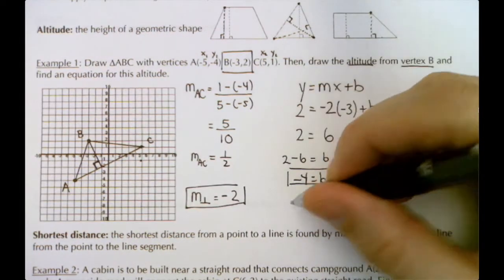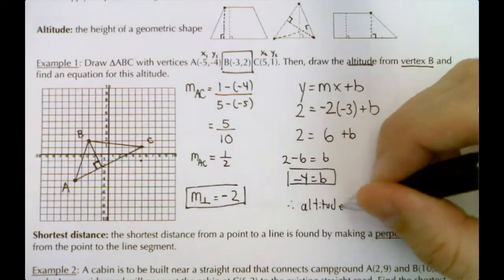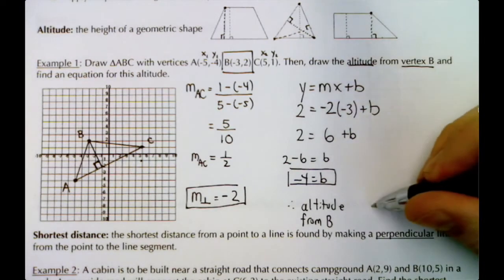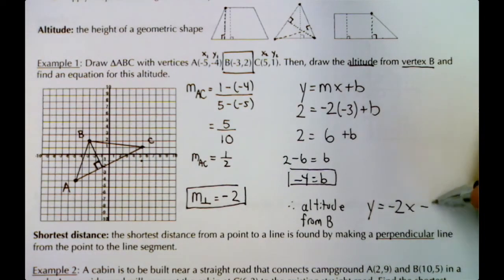So therefore, our altitude from B is y equals negative 2x minus 4. All right, so that's how we find the equation of an altitude.